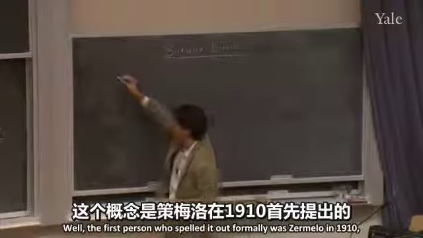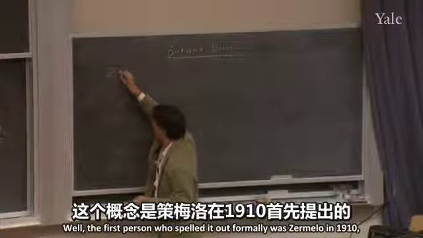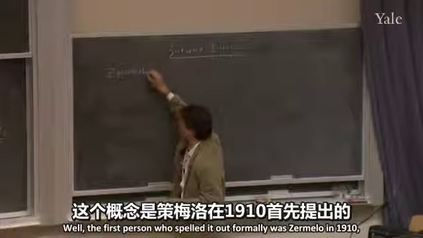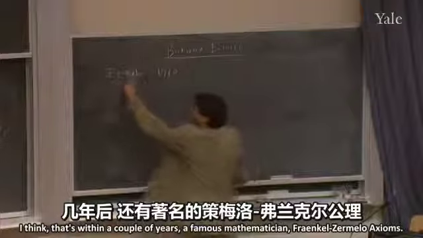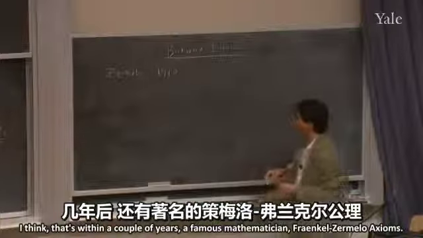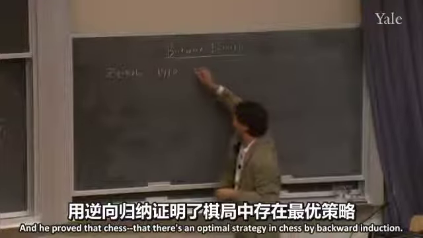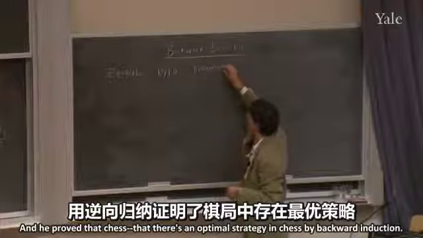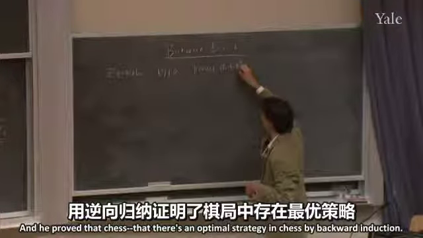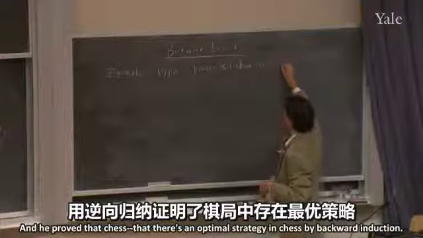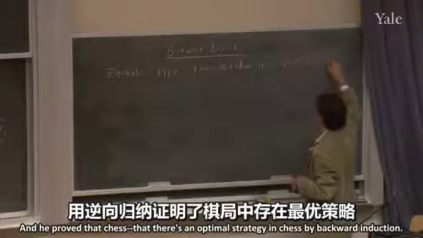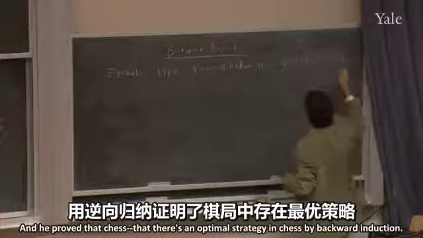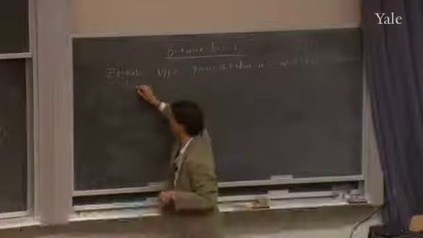Well, the first person who spelled it out formally was Zermelo, in 1910, I think, within a couple of years, a famous mathematician, of Zermelo axioms fame, and he proved that there is an optimal strategy in chess by backward induction.